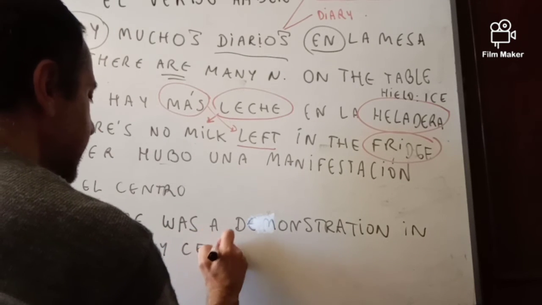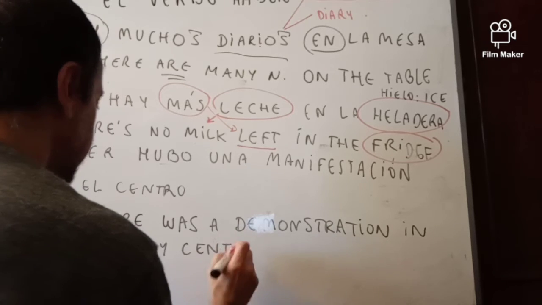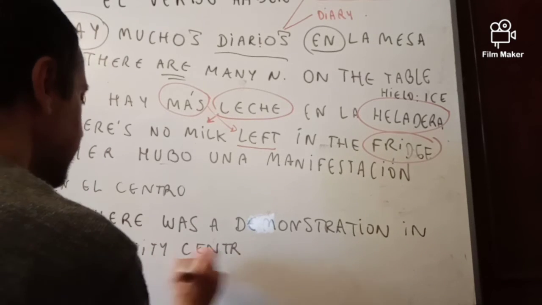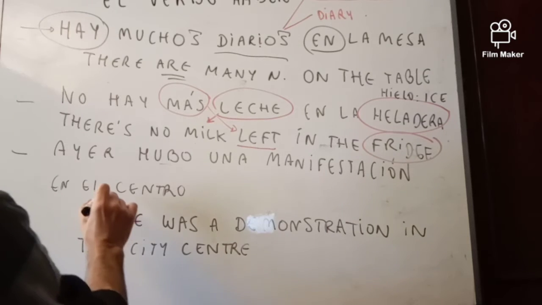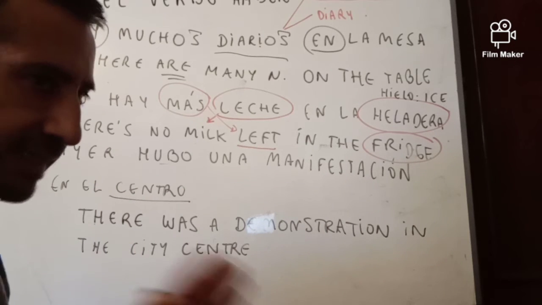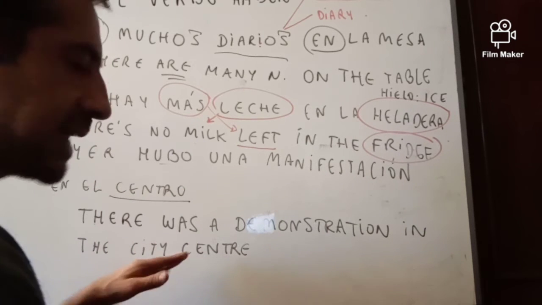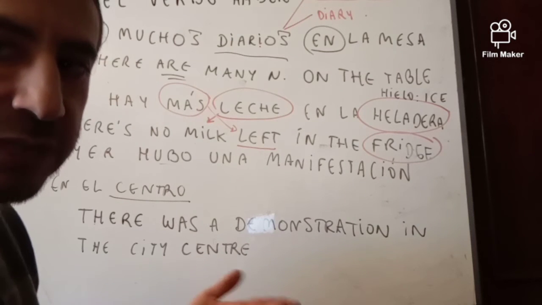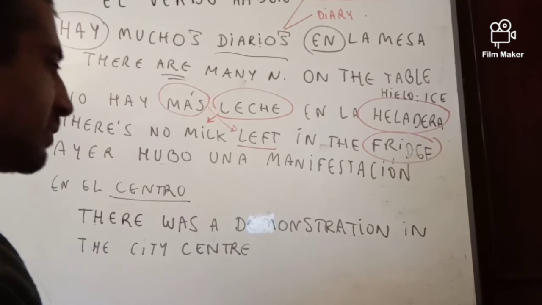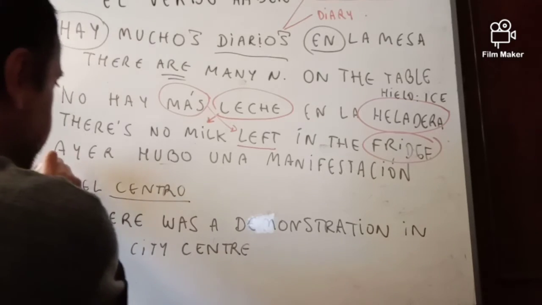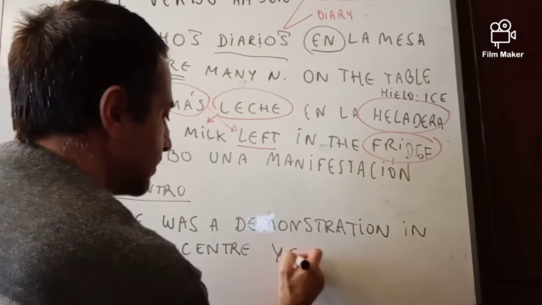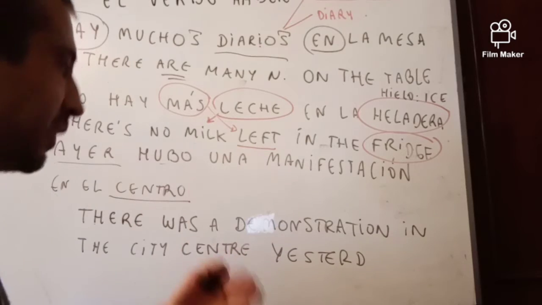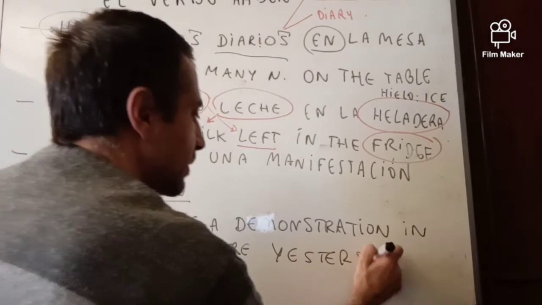Remember, I told you this before, but in case you didn't see that video, in Spanish, just by saying en el centro, we understand that it's the city center or downtown. There was a demonstration in the city center yesterday. I mean, you can say yesterday there was a demonstration.